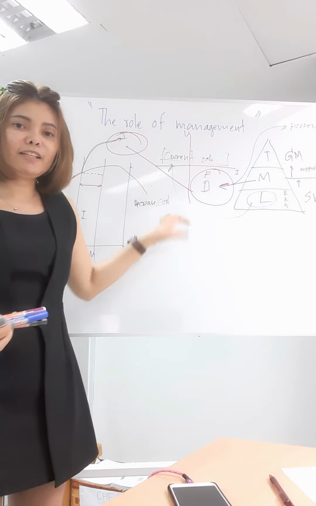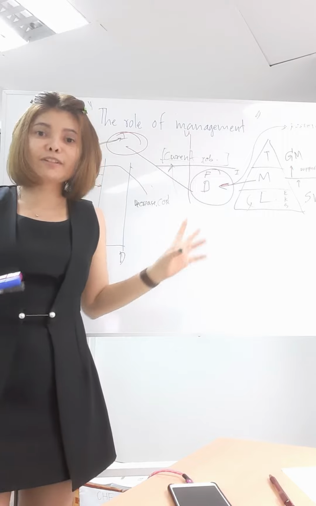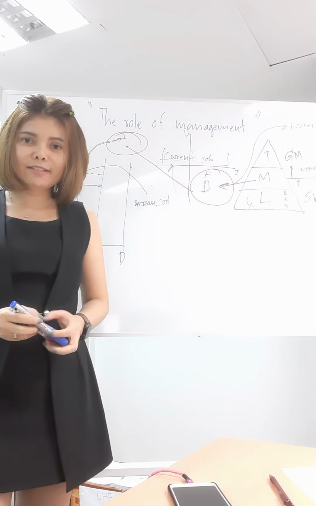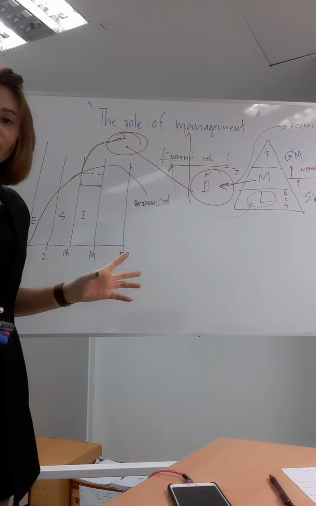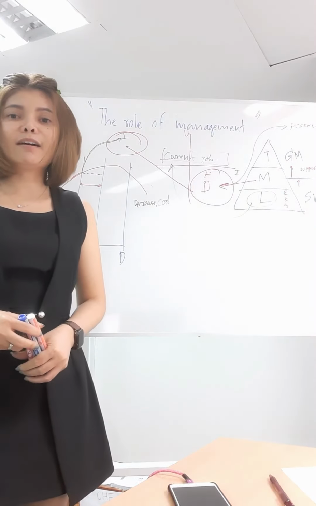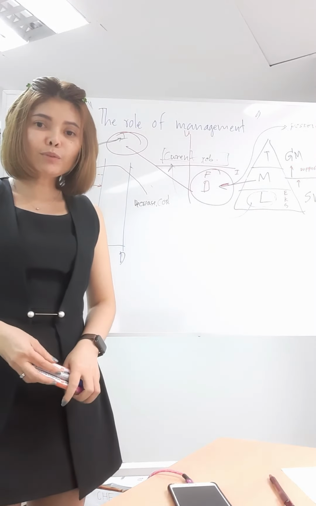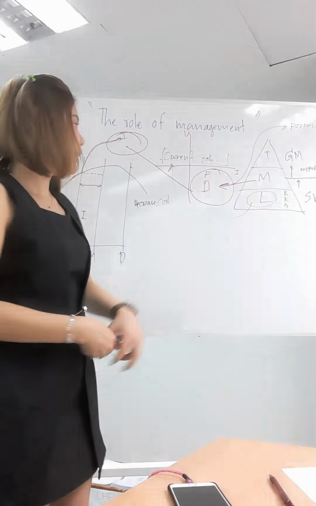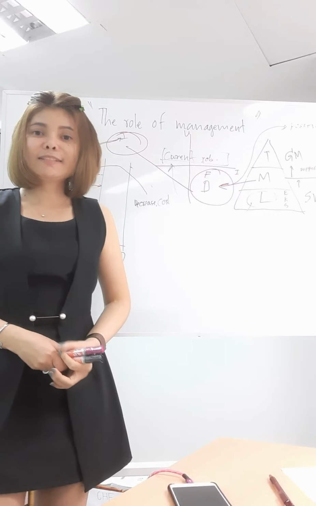This company will become solid, cannot change anymore, right? So this company will not be successful, right? So this is very important. We have to know exactly our role, I mean the middle management role, right? So this is the point.